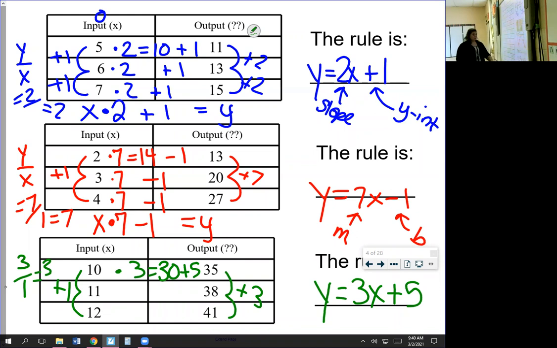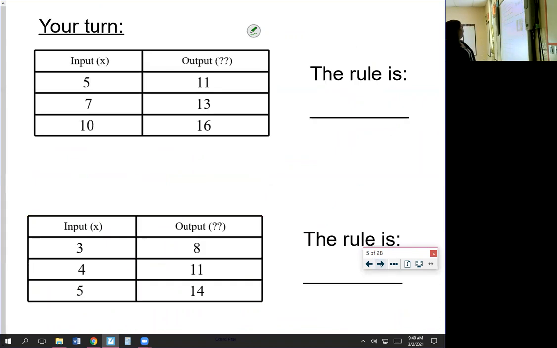All right, so let's look at something different here. This example is slightly different because we have a little bit more going on. This is going up by 2, and this is going up by 2. Then this is going up by 3, and this is going up by 3.